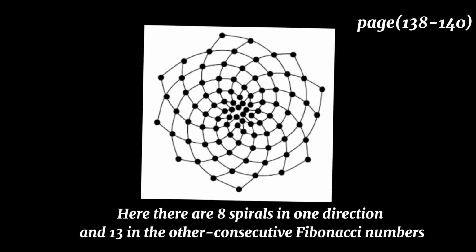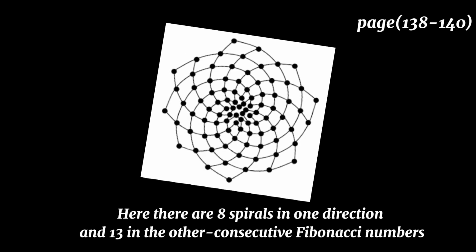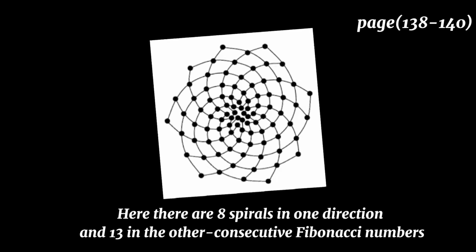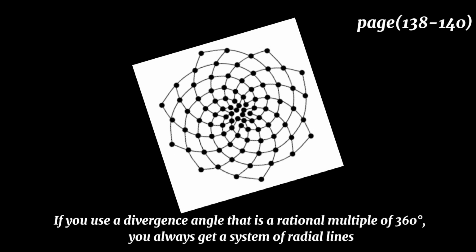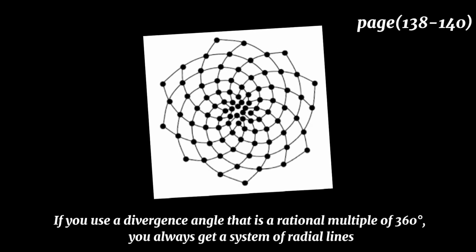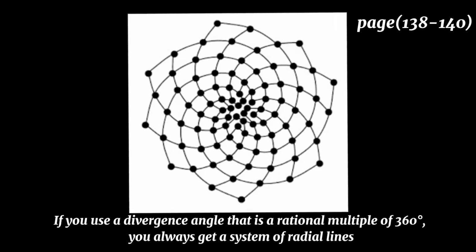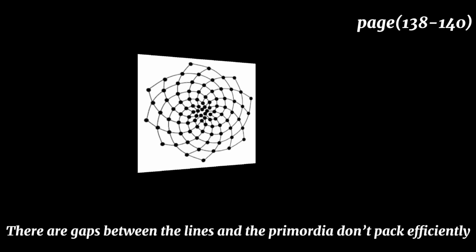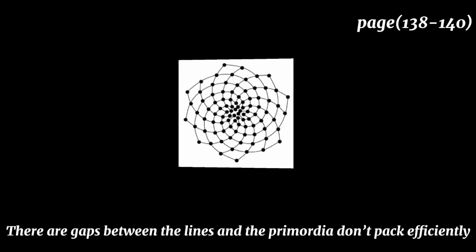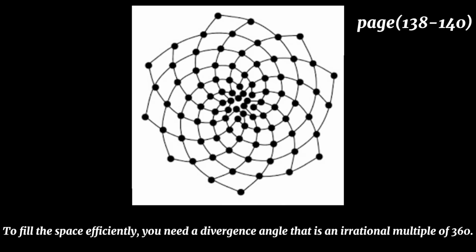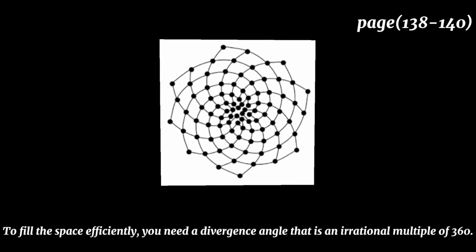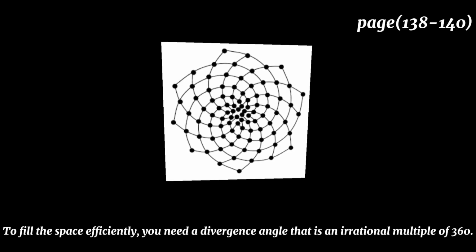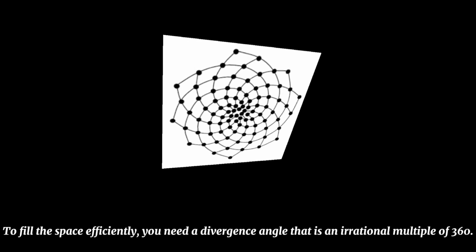Here there are 8 spirals in one direction and 13 in the other, consecutive Fibonacci numbers. If you use a divergence angle that is a rational multiple of 360 degrees, you always get a system of radial lines. There are gaps between the lines and the primordia don't pack efficiently. To fill the space efficiently, you need a divergence angle that is an irrational multiple of 360.